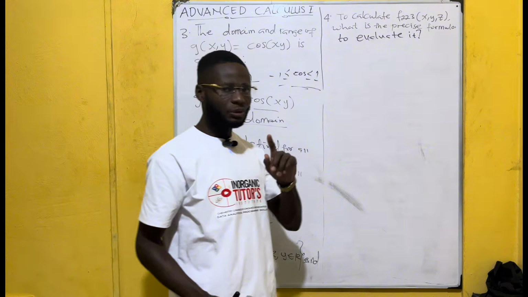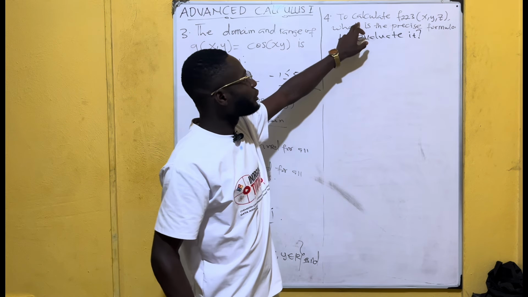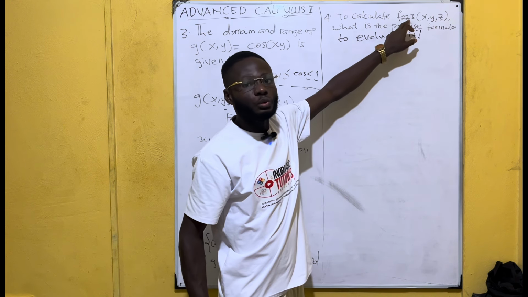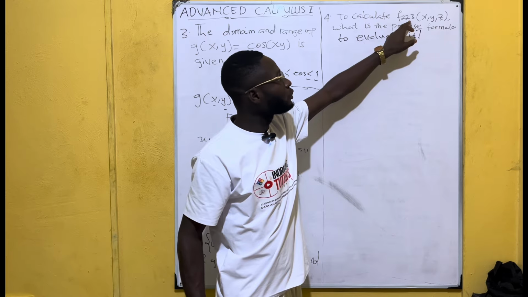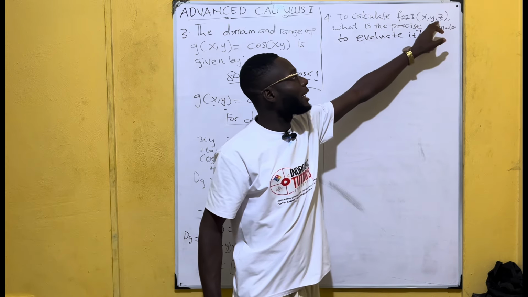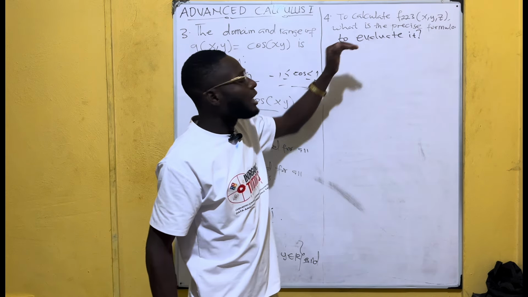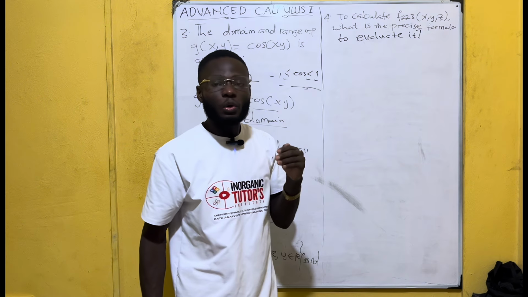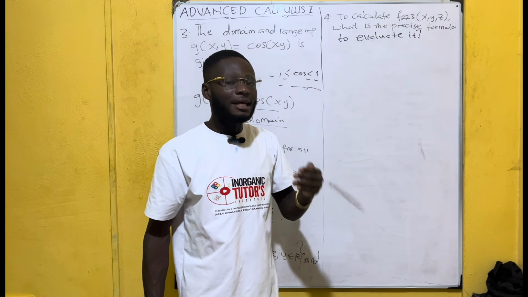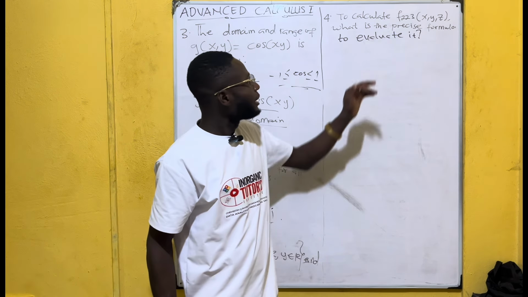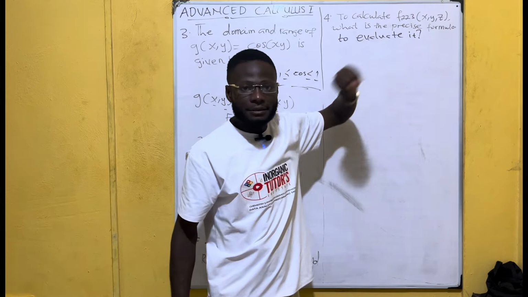Now, let's look at question number 4. We are to calculate F223 of x, y, and z. And they want us to tell the right formula to be able to evaluate this.